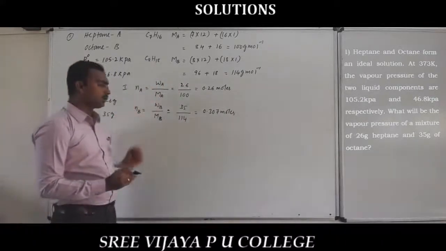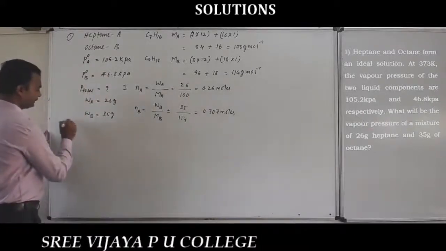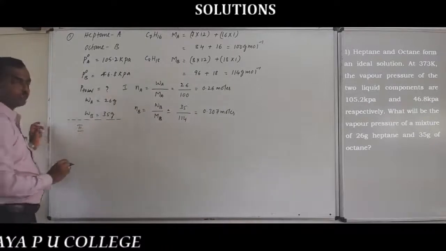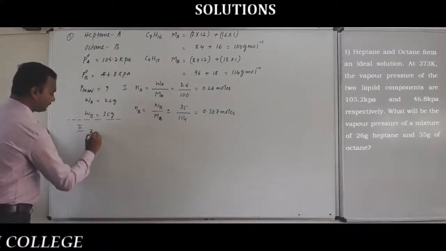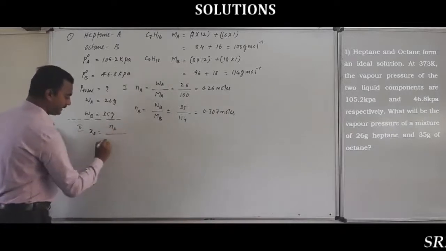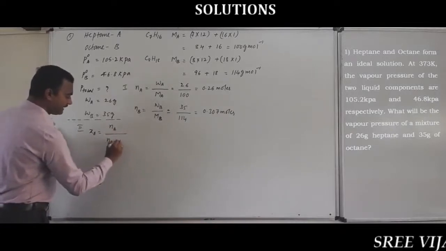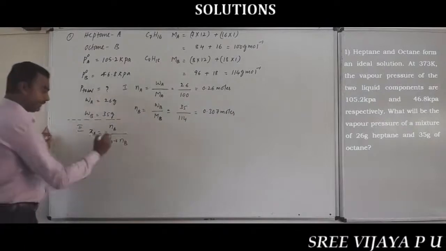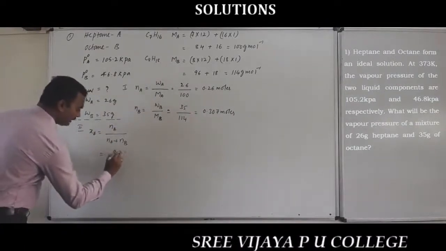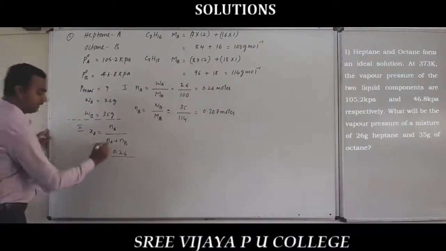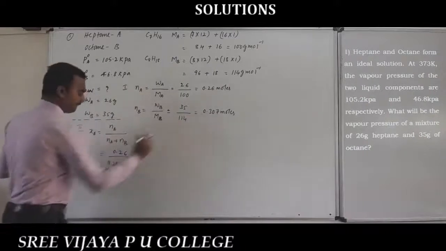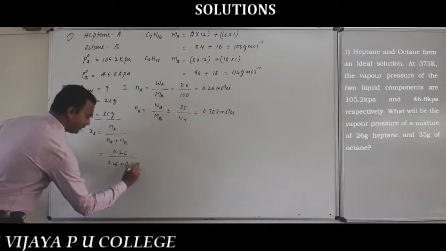Once you know the number of moles, in the second step, we have to calculate the mole fraction. So mole fraction of component A is equal to, what is the formula? Number of moles of component A divided by number of moles of component A plus number of moles of component B. That is 0.26 divided by 0.26 plus 0.307.